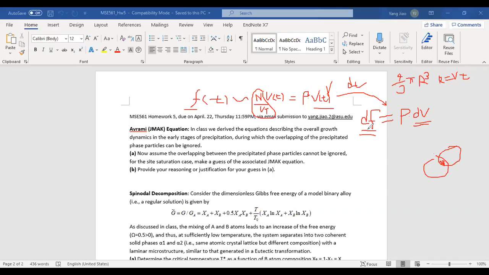Only a portion of the increase of the particle volume is going to contribute to the increase of the fraction. Does this make sense to everyone? Okay, so in the later stage, only a portion of the increase of the volume for the individual particle is going to contribute to the growth of the fraction, right? In the early stage, all of the increase of volume is going to contribute to the increase of the fraction. But in the later stage, only a portion is going to contribute.